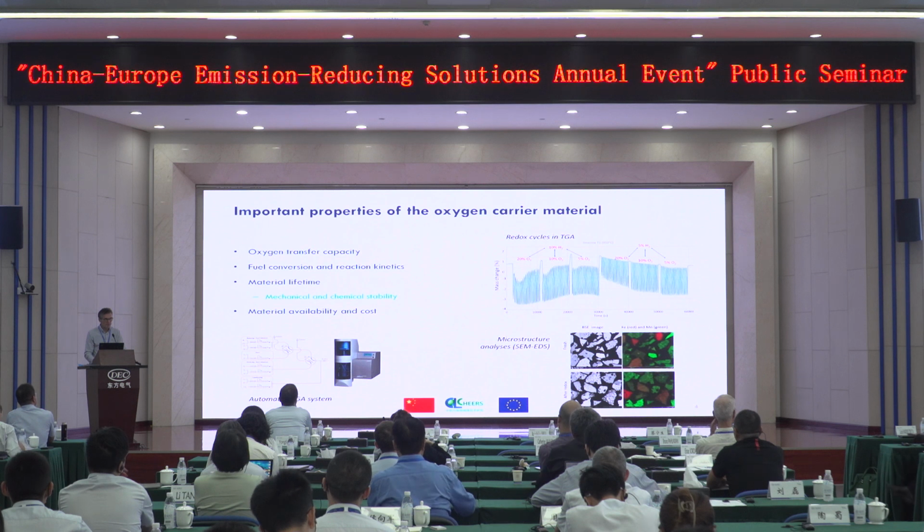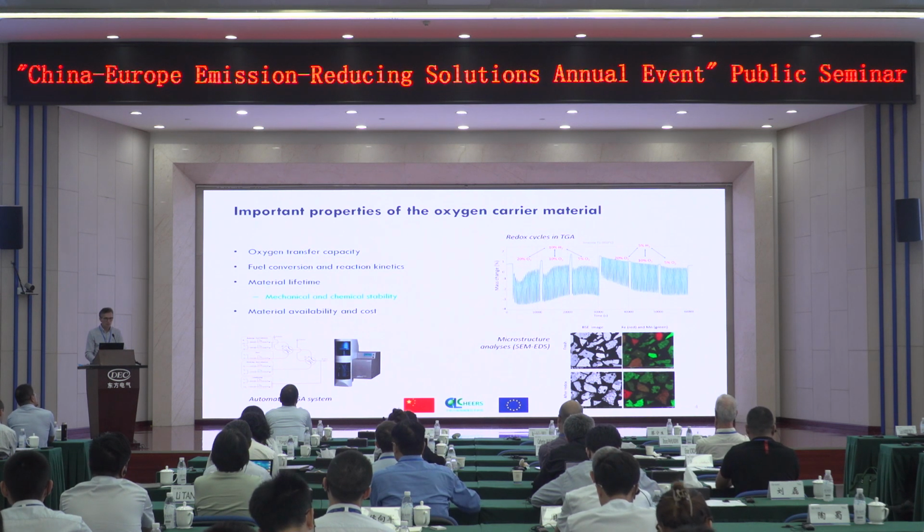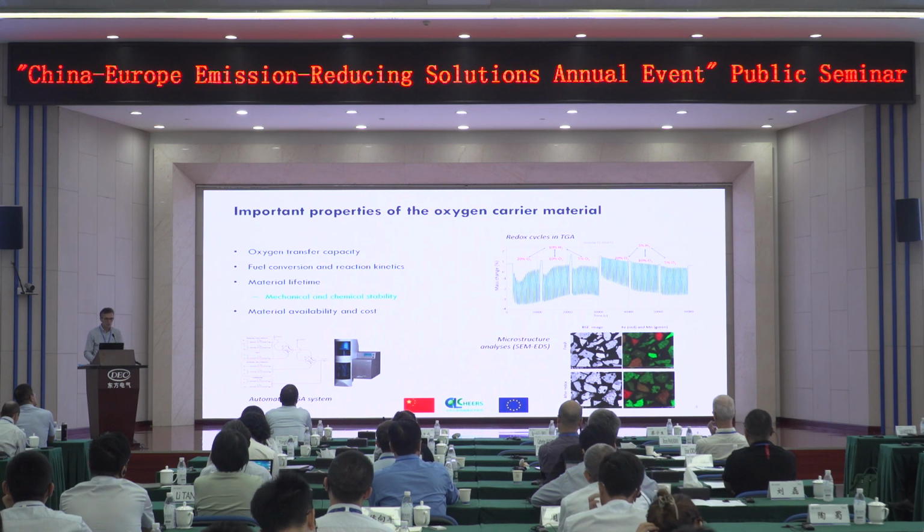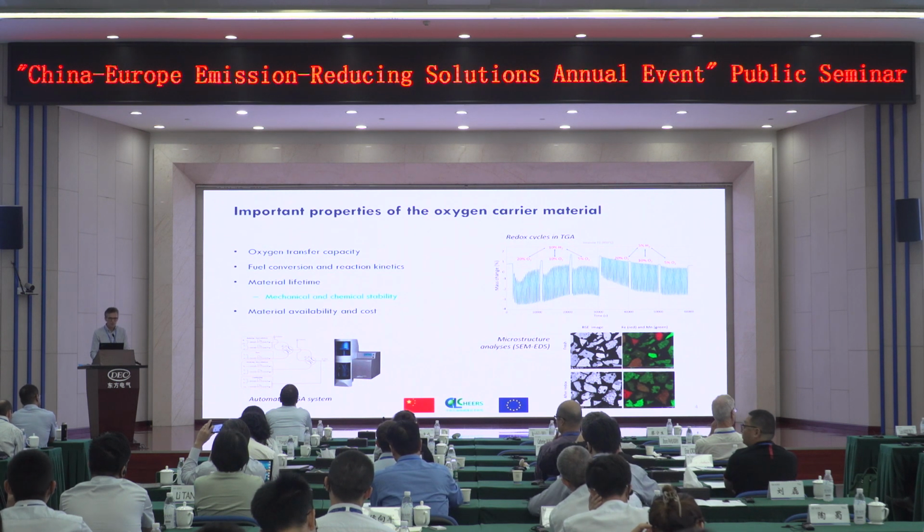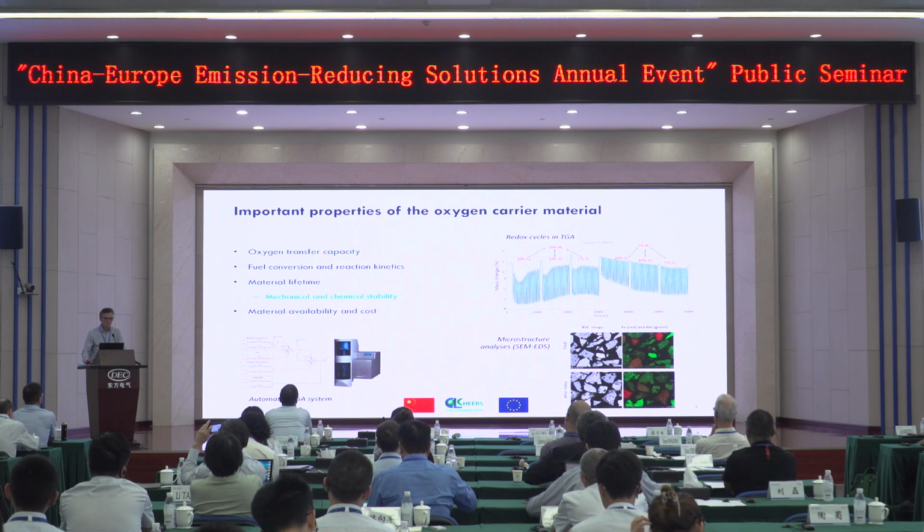Then the lifetime is an issue. It's a cost issue and it's an operational issue. You can have materials that have poor stability, both mechanical or chemical, or you can have good ones. And then the cost and availability of the material.